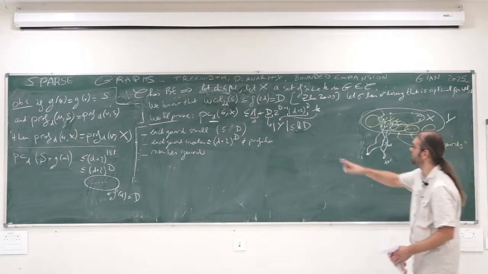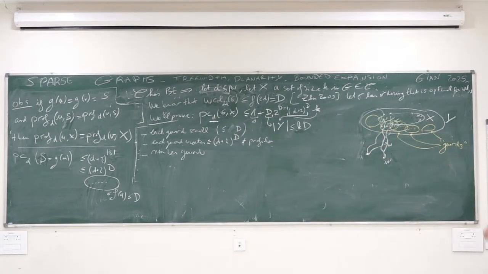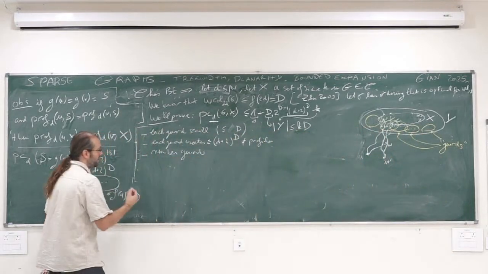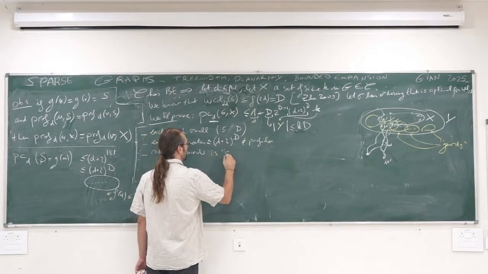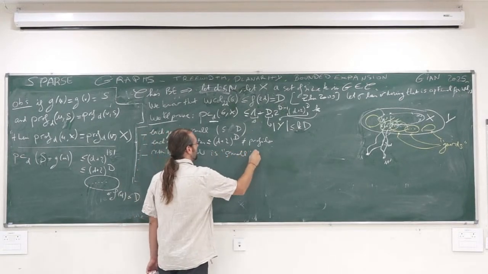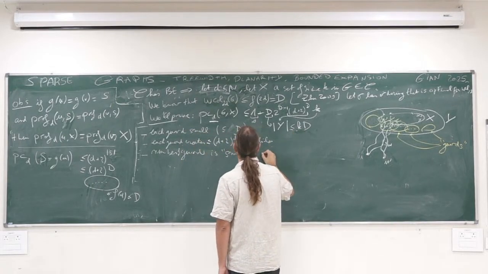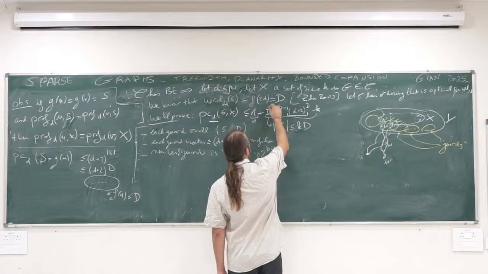No, so this K actually will come from the last argument, which is maybe the most tricky one. Yeah, this K comes from there. Thank you. Number of guards is small, and I want to show probably something like, well, whatever remains. Maybe there is a D here, so maybe this would be D squared.